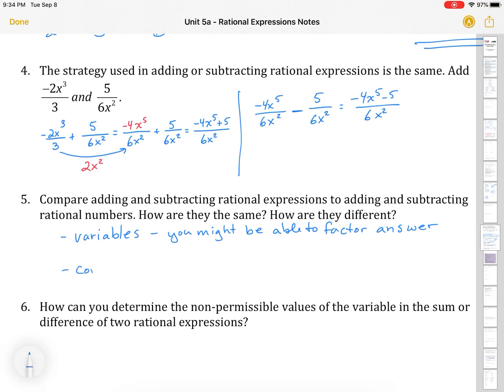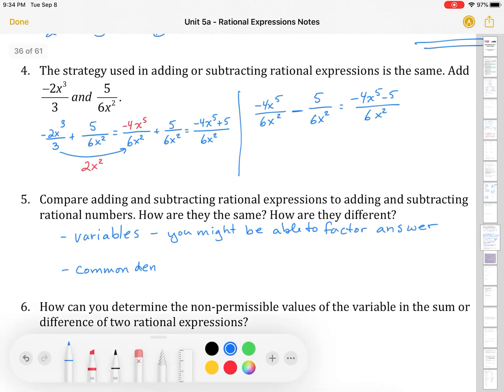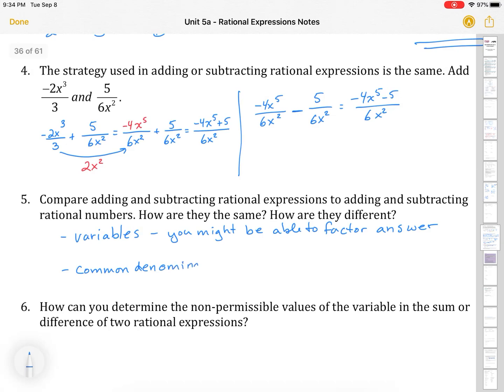How are they the same? You still find a common denominator. And then you have to have equivalent expressions.